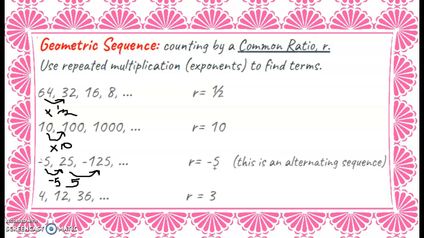So in addition to having your 5, you're also going to have negative 1 to the n minus 1 power. Or actually, in this case, it would be to the nth power. And then the last one, 4, 12, 36, each time you're going to multiply by 3. r is 3.